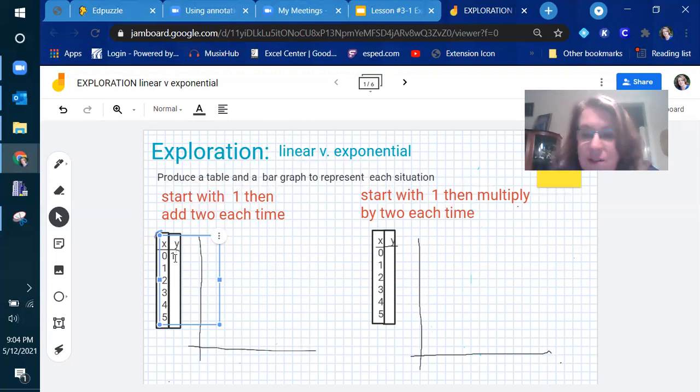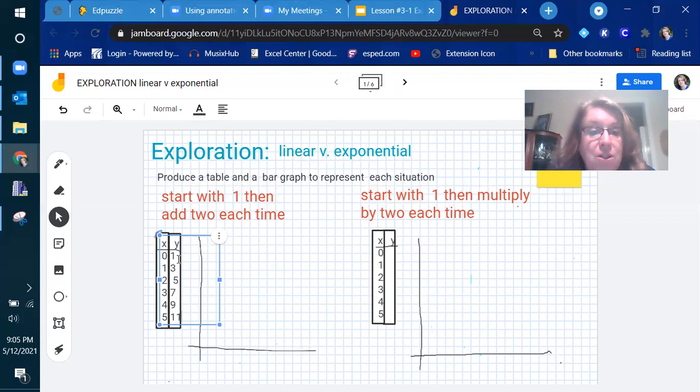And what I'm going to do as I go down is that I am going to add 2. So I start with 1, and then I'm going to add 2, so I get 3. And then I have 3, and I'm going to add 2, I get 5. And then 7, then 9, then 11.